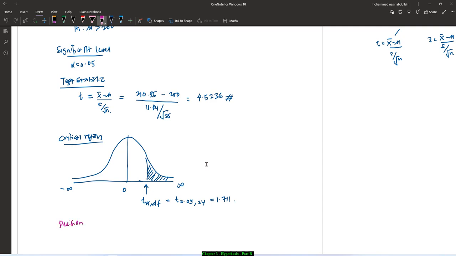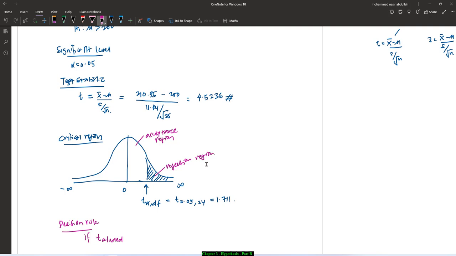Decision rule. So if T calculated, right? So this is the acceptance region. This is the rejection region. So it's easy to remember.